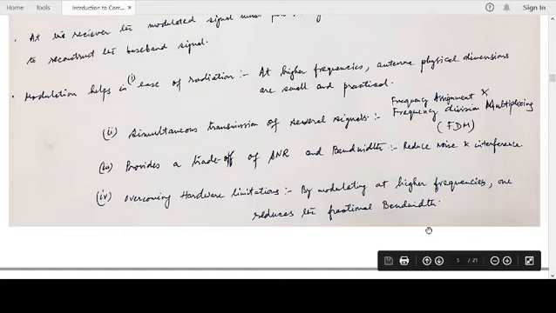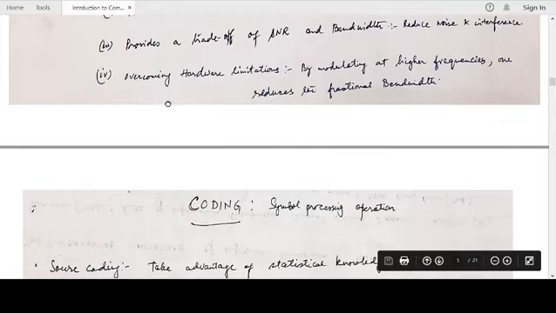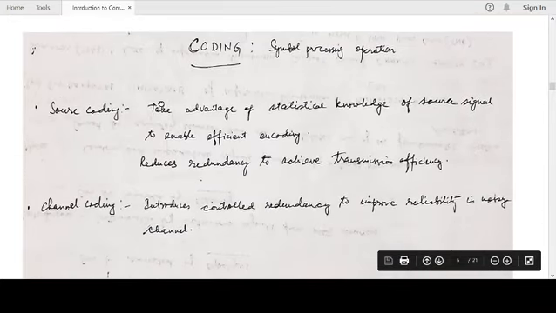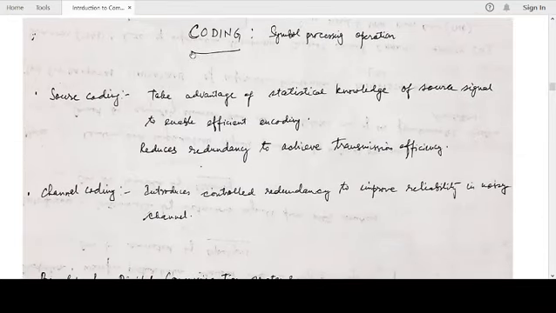So the higher the FC we move to, the lesser the fractional bandwidth. Lesser fractional bandwidth means the design of my amplifiers, filters, and antennas will be very easy, and relatively low cost.